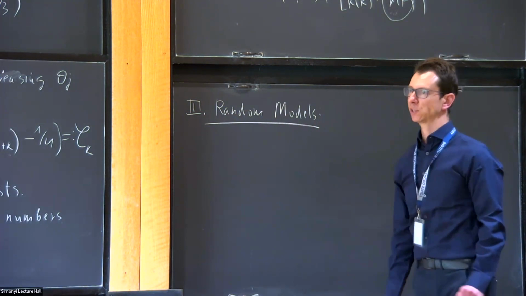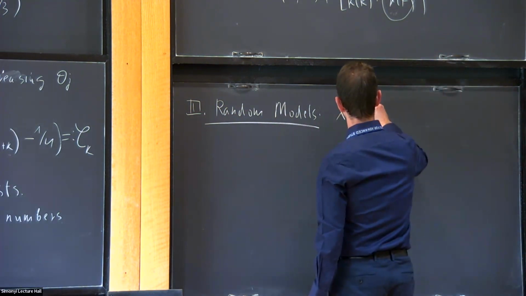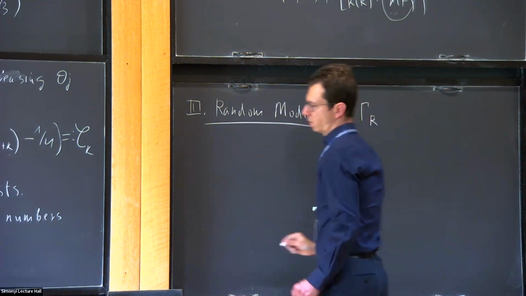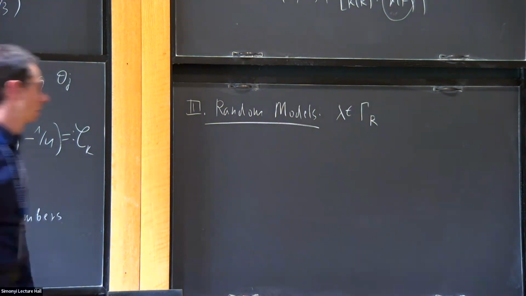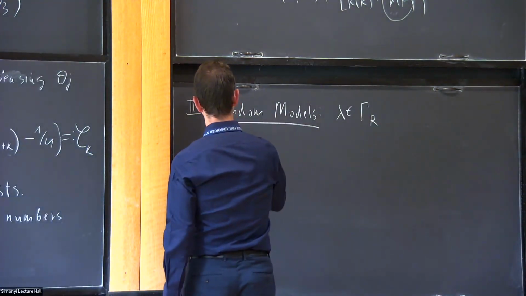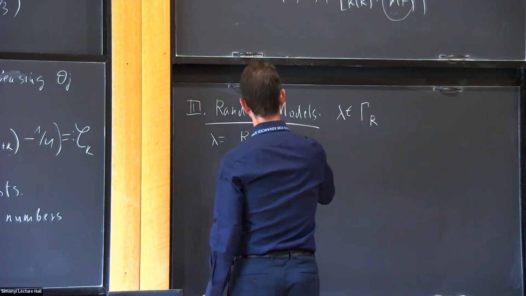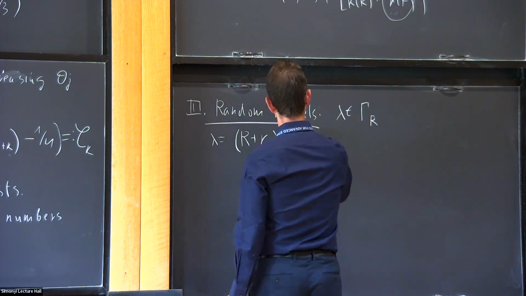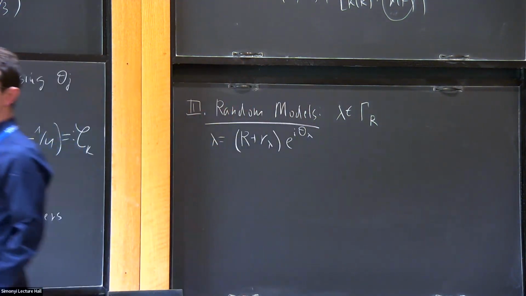Okay, so let's suppose that we're given a lattice point in gamma R. Instead of the polar coordinates, we're going to use what we call the shifted polar coordinates: lambda equals R plus r_lambda e^{i theta_lambda}.